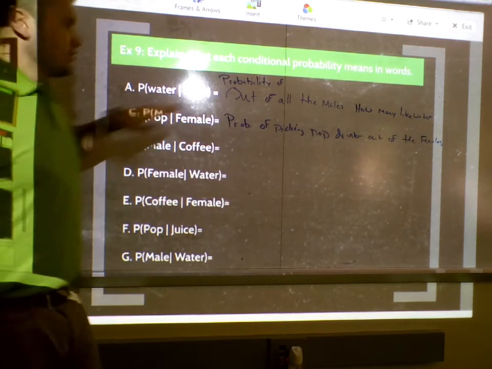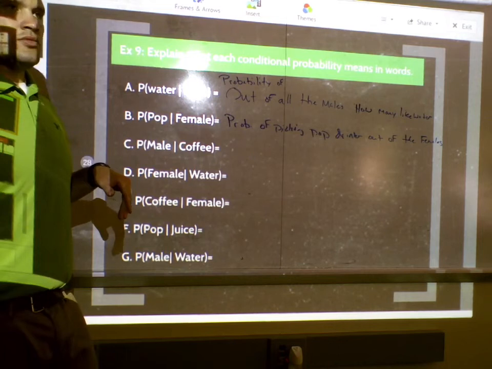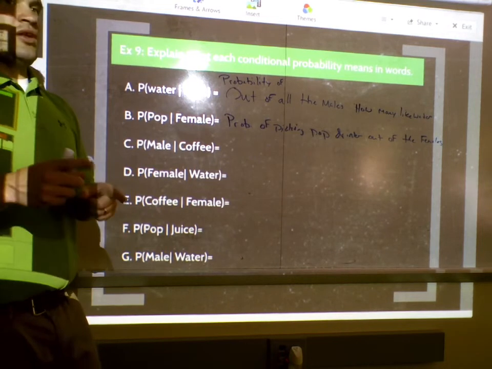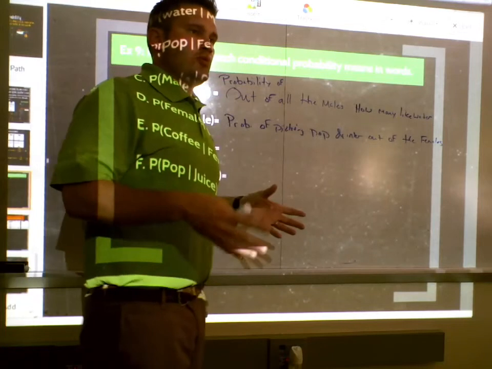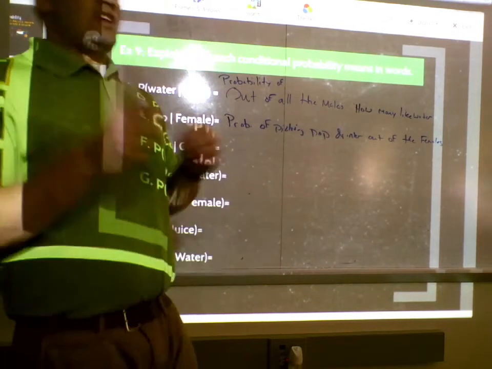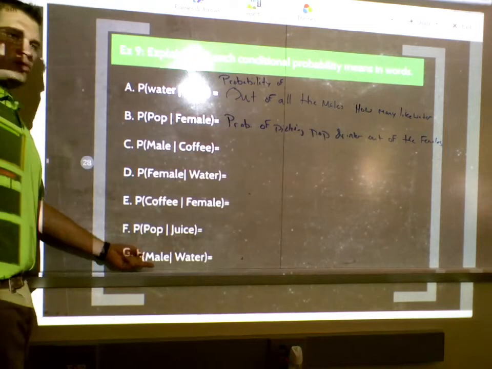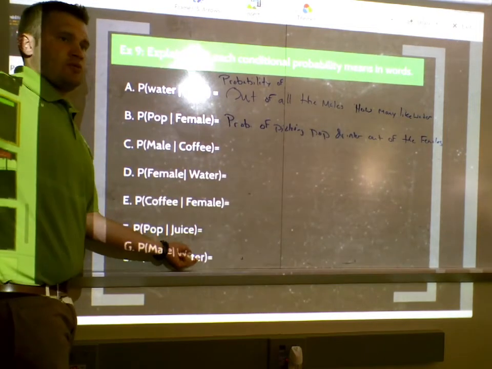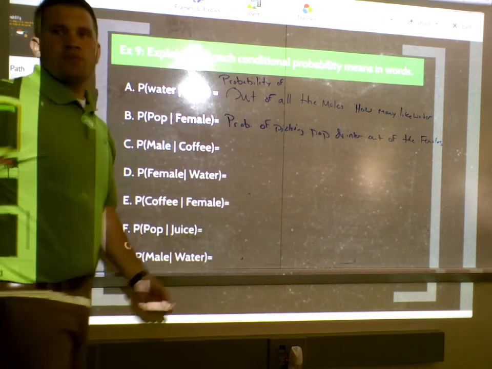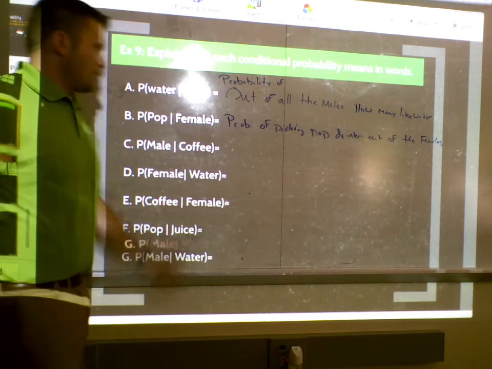So could we say the probability of males that like water? No, that's an and statement. Males that like water would be out of the whole group. We're taking all the water drinkers and seeing who's a male. So you would say the probability of picking someone who likes water out of all the males. That would be this one.